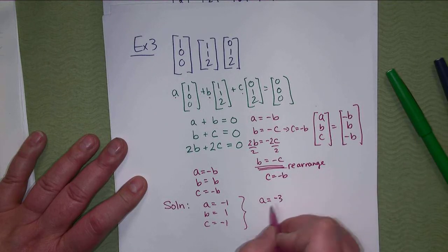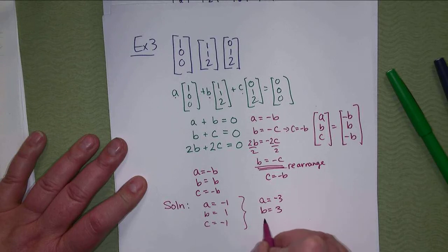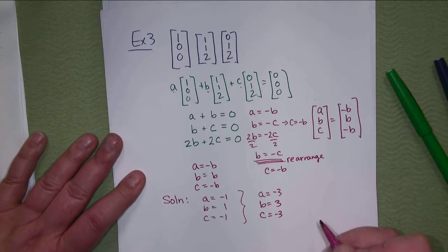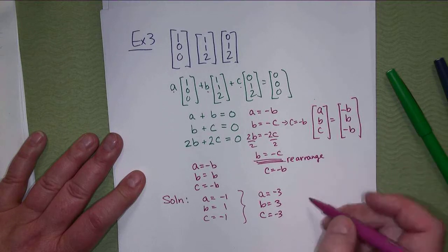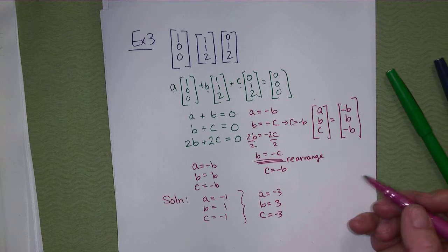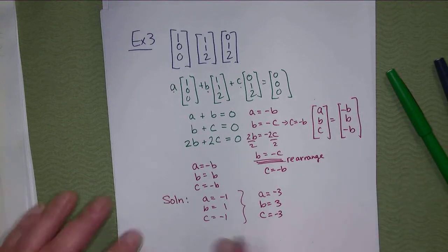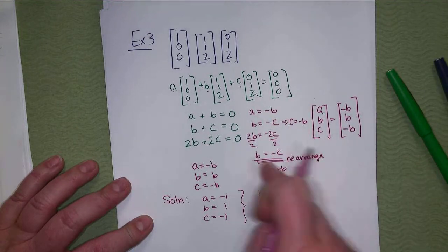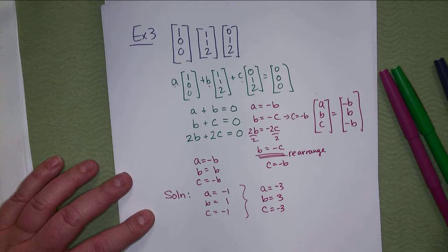Minus 3, 3, minus 3. And anything like that, we could put B as 0 in, and that's the trivial solution. But we don't want that. We're looking, is there another solution? And we found one. We didn't get any zeros here, and we could check our answer by just putting one of these in.